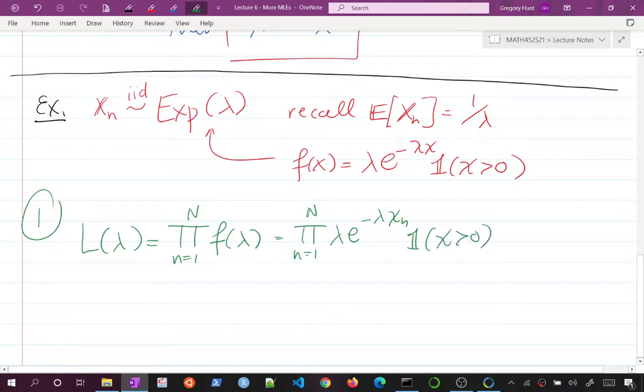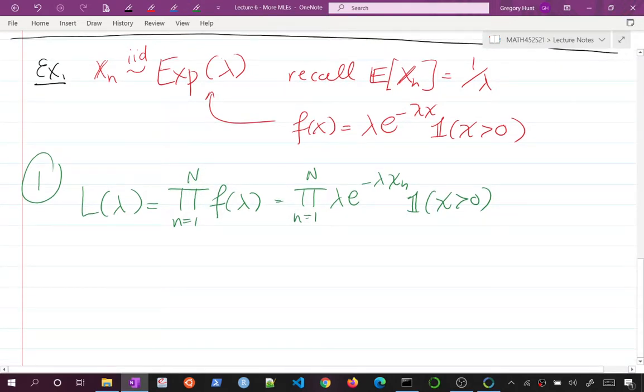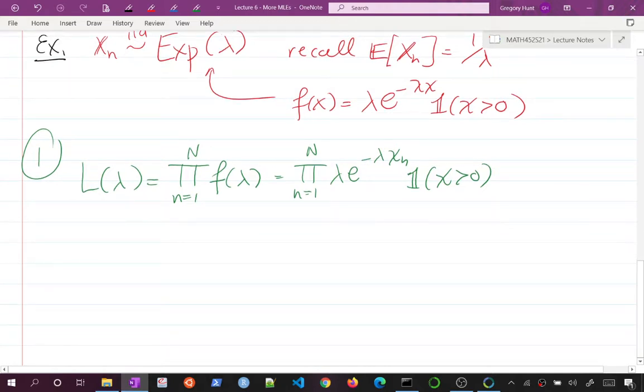Basically, because it doesn't depend on lambda, it's not actually going to matter. Let's just do it to show it. But you're going to see that this thing disappears when we take a derivative because it doesn't depend on lambda. Note for the next example, if that indicator does depend on lambda, we're going to be in a problem because that indicator function is not differentiable, as it has a jump discontinuity.